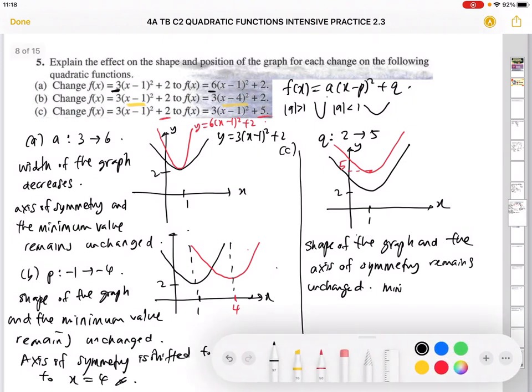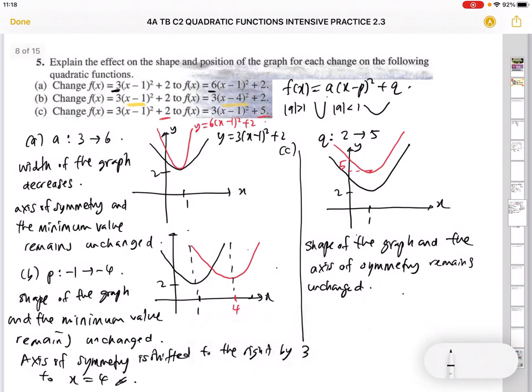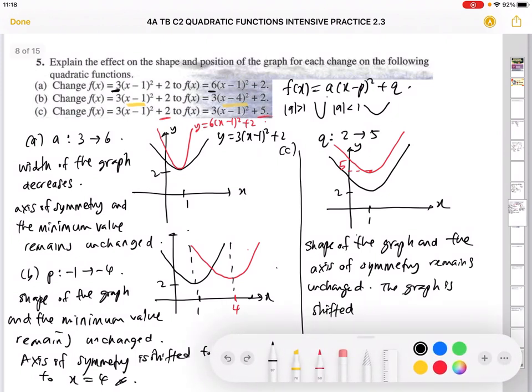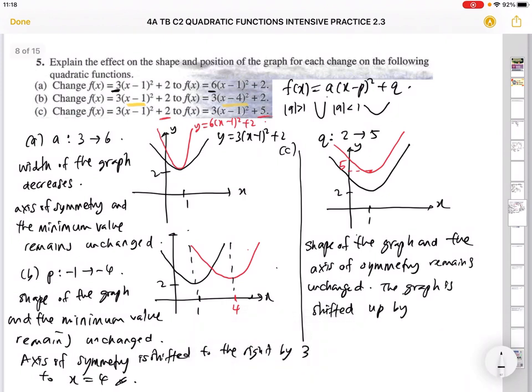Yeah, the graph is shifted up by 3. Yeah, from 2 to 5 the change is 3 to minimum value of 5. Yeah, or should I say the minimum value is now increased to 5.